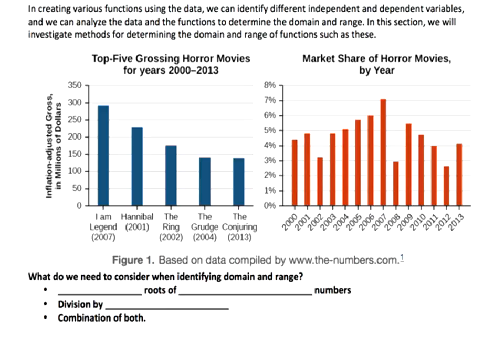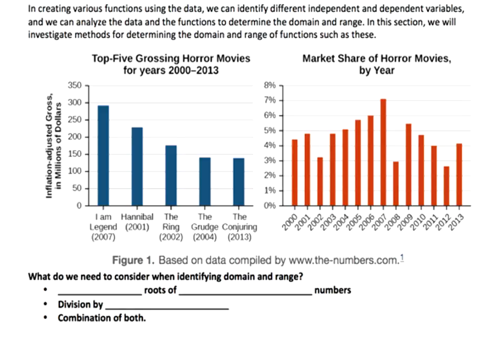So if we take a look at this given data here for top 5 grossing horror movies for the years between 2000 and 2013, as well as market share of horror movies by year, we can begin to pull out, okay, what is the domain and what is the range for these values.